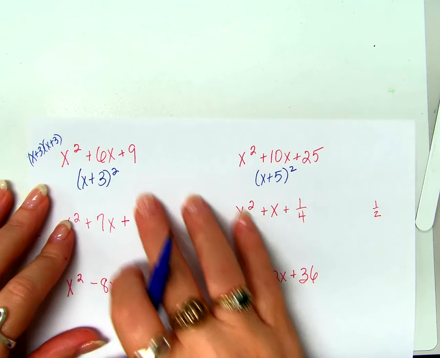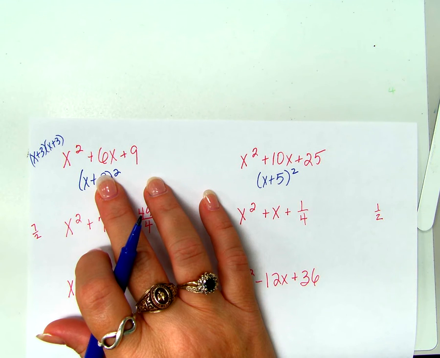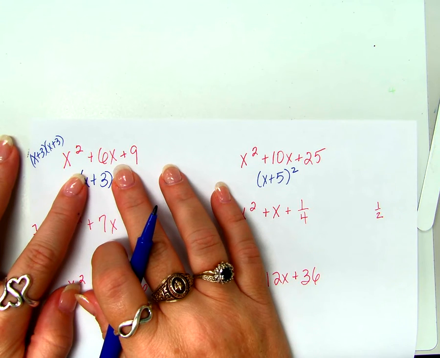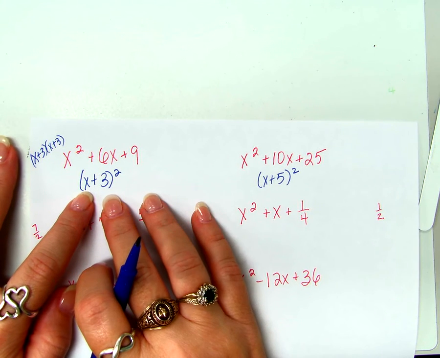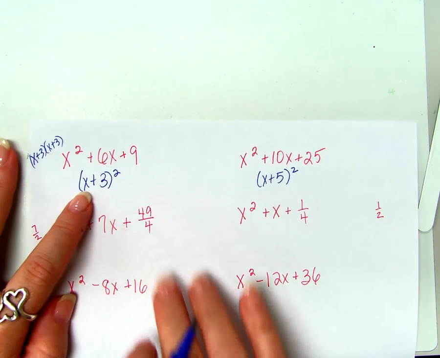What are two numbers that multiply to be 9 and add to be 6? Ooh. Did we do that on purpose? Oh, we did, right? When we created our perfect square trinomial, we're going to get a binomial that's squared when we go to factor it. That's why we did that. It was on purpose. Okay?